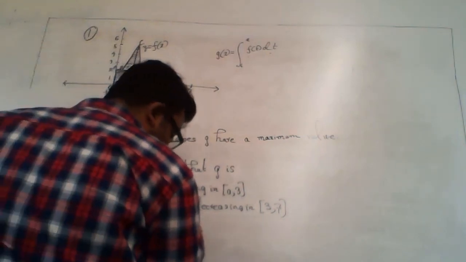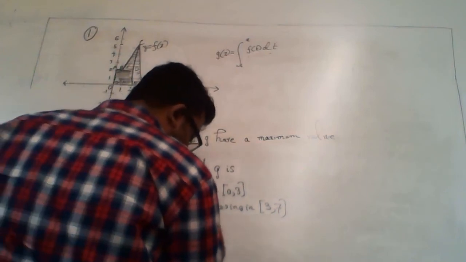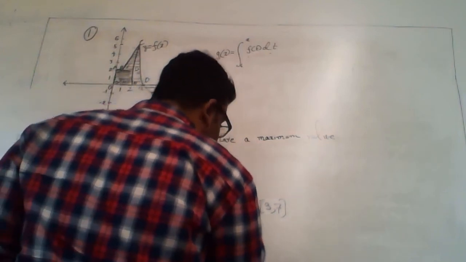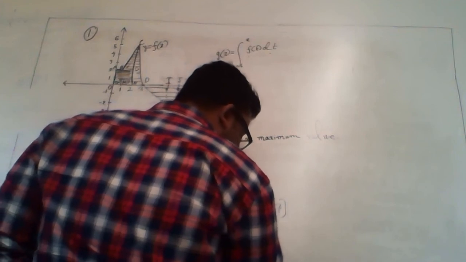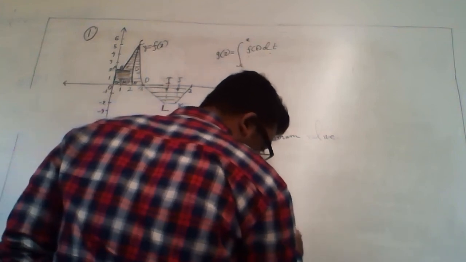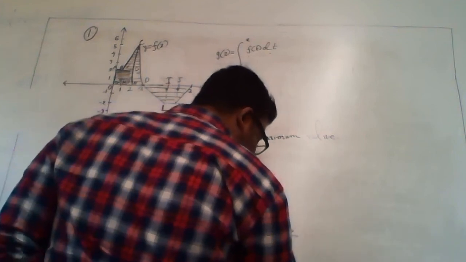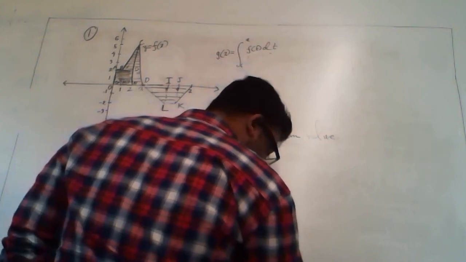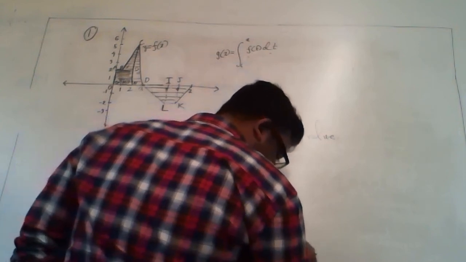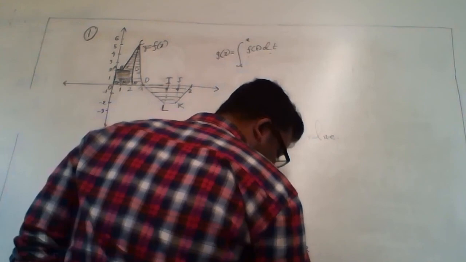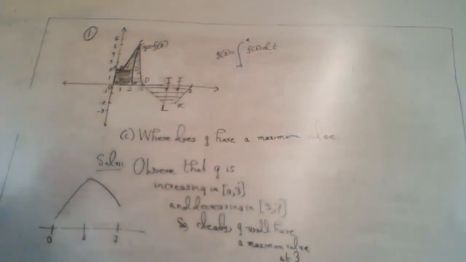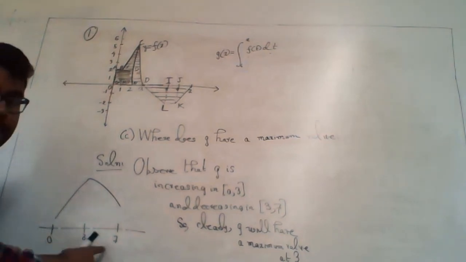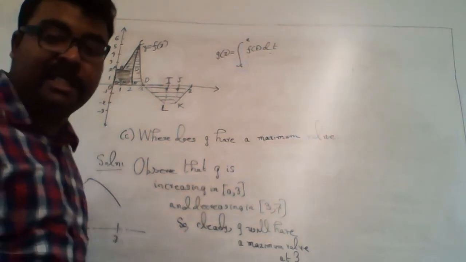So g will have a maximum value at 3, because the function is increasing from 0 to 3 and then decreasing. So where does g have a maximum value? At 3.